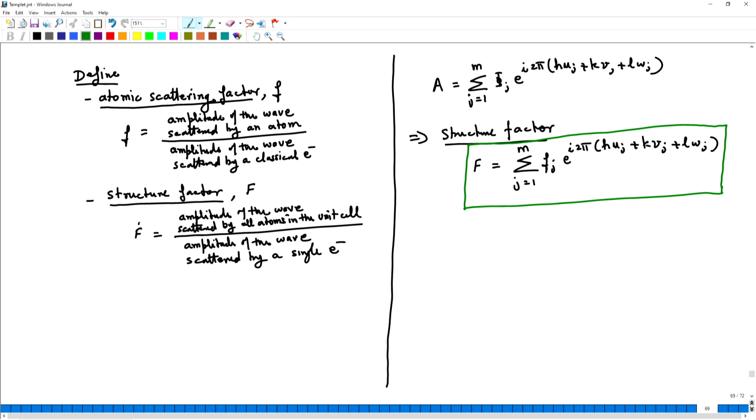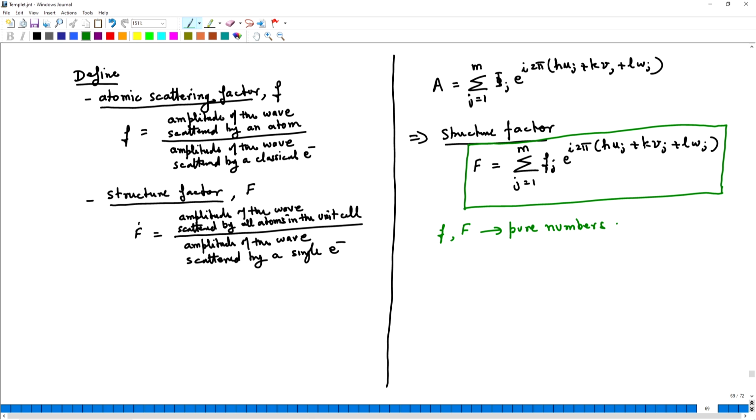And one more thing to note, that small f, the atomic scattering factor, and the capital F, the structure factor, are simply pure numbers with no dimensions.